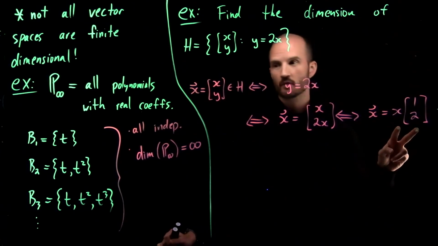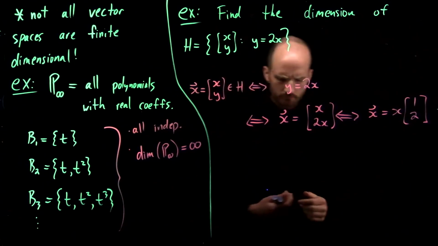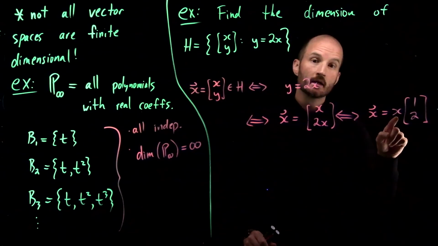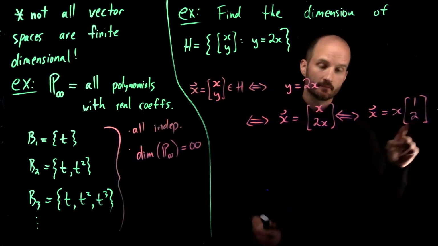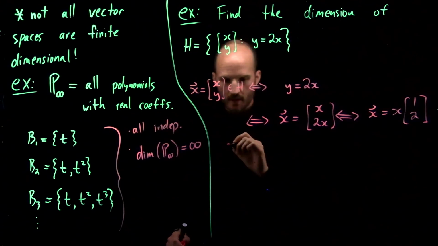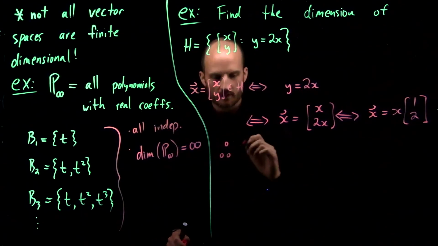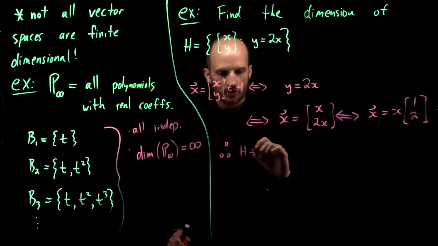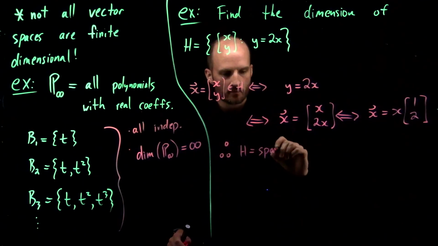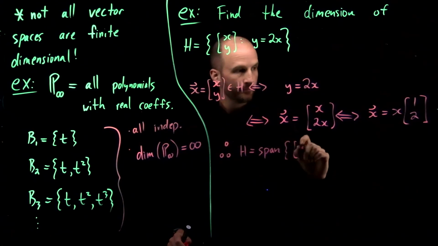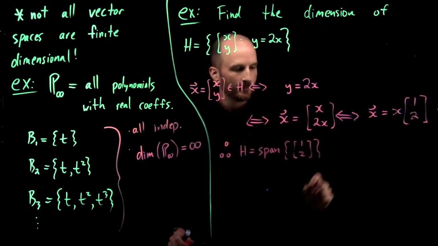And if I have something of this form, then it must be in H. But what is this? This is a linear combination of this vector. So I can conclude from this argument that H is the span of the single vector (1, 2).